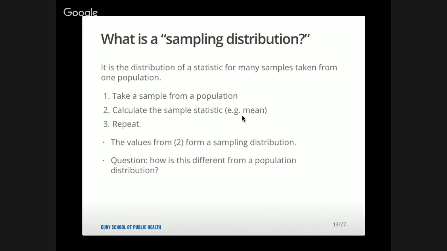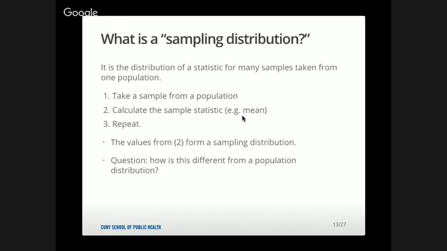One is that the population distribution is a description of individuals. If we're talking about people, it has to do with individual properties, characteristics like height, like weight. The sampling distribution does not. If we're talking about the mean, then it is a distribution of averages.